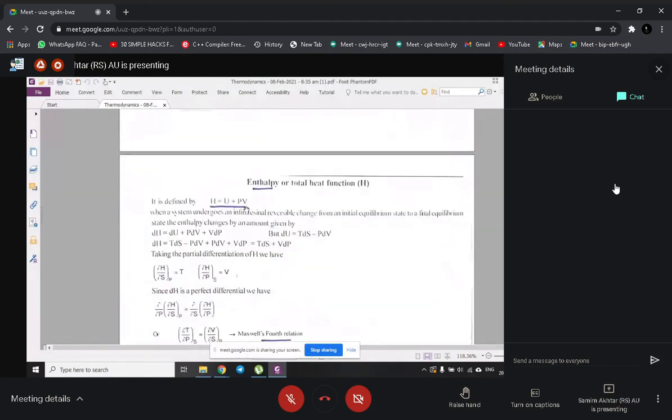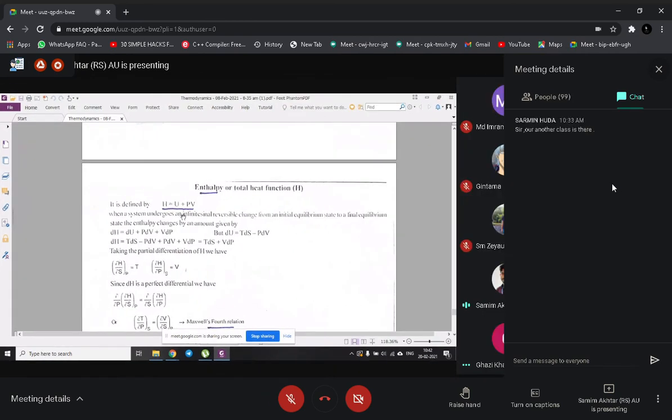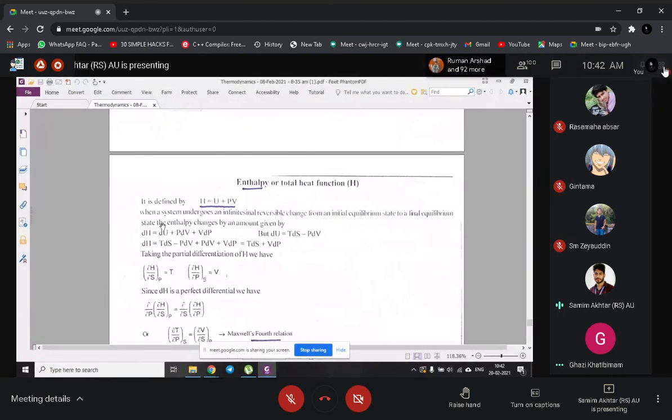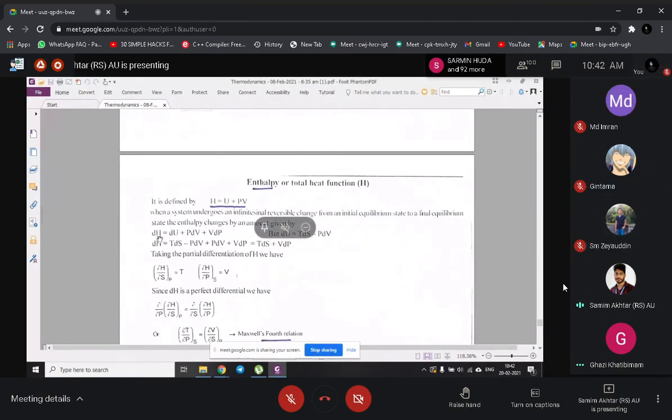So basically this is the enthalpy, and how to relate it to the other parameters. Basically you take the derivative: dH equals dU plus PdV plus VdP. You know the first Maxwell relation, so you put this expression in and it gives us TdS plus VdP.